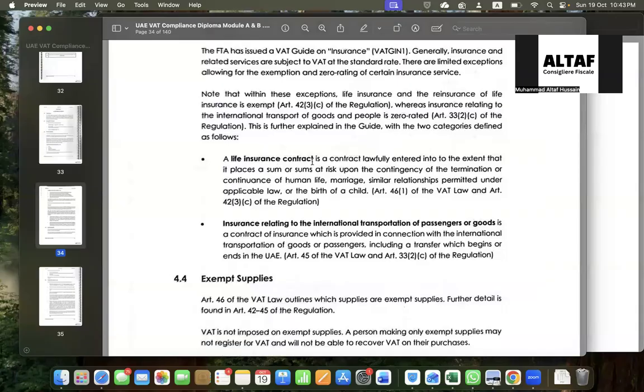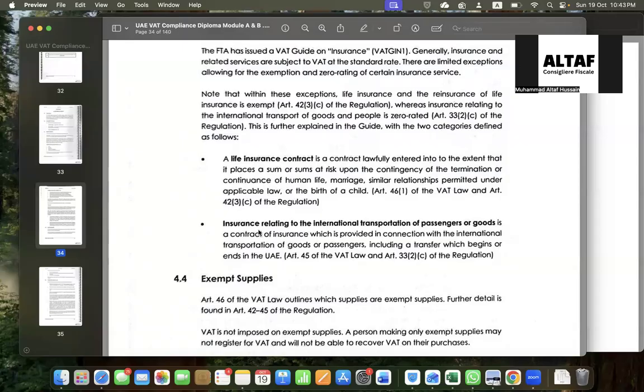A life insurance contract is a contract lawfully entered into to the extent that it places a sum or sums of risk upon the contingency of the termination or continuance of human life, marriage, similar relationships permitted under applicable law, or the birth of a child, etc. So that's the definition of a life insurance contract.